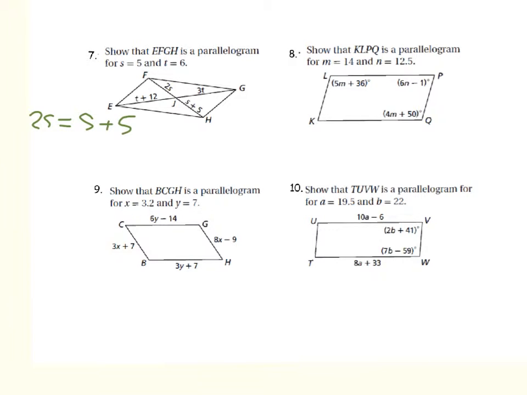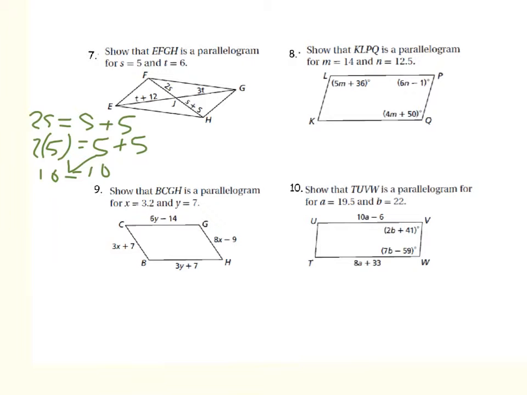And since they've given us S, we just need to confirm. So 2 times 5 should equal 5 plus 5. And we do get that 10 does equal 10. So based on S, this part is a parallelogram.